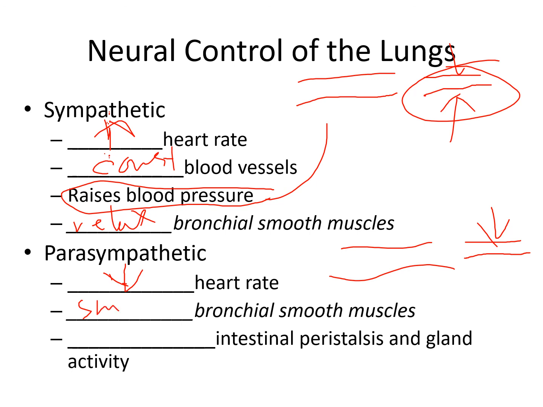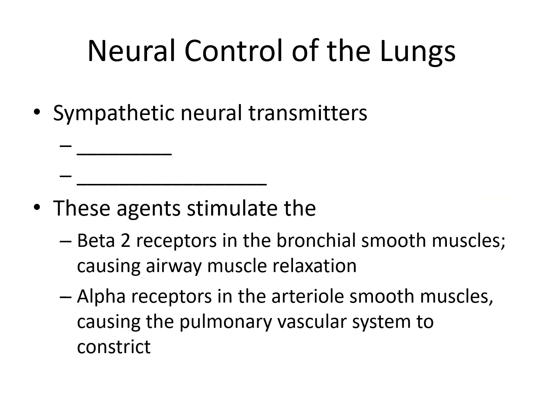So the bronchial smooth muscles will create a smaller lumen or a smaller diameter. It's not constricted. It's just at a baseline small diameter, right? It doesn't need to be dilated. And finally, the last one, this is going to increase your intestinal movement and gland activity overall. That's that digest part of this whole situation.